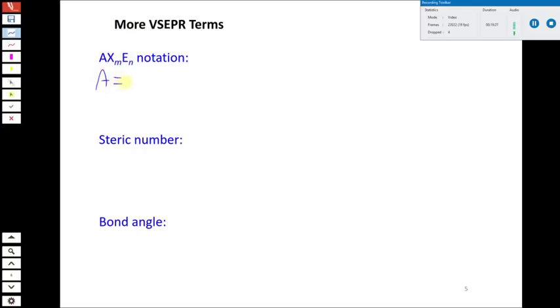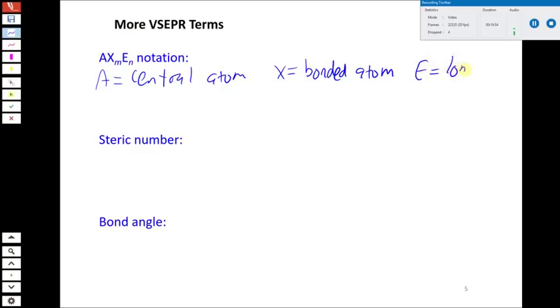So A is the central atom. We're going to be, almost exclusively, predicting shapes for molecules that have a central atom and then a bunch of atoms around them. So A is your central atom. And then the X and the E tell you what is attached to that central atom. What is it surrounded by? X is an atom that's bonded to the central atom. And E is a lone pair.